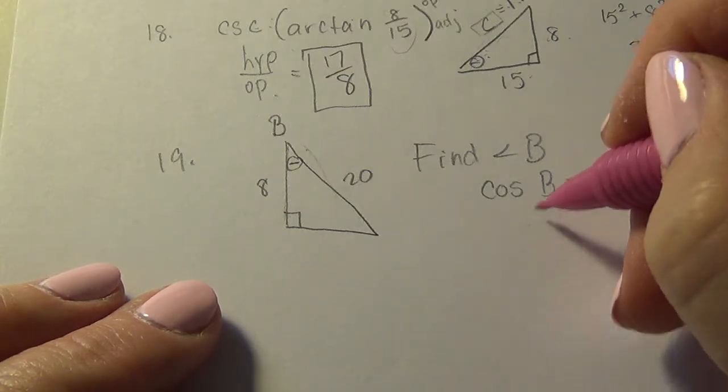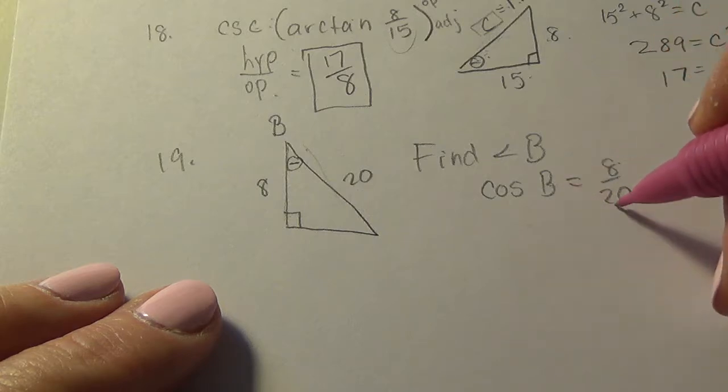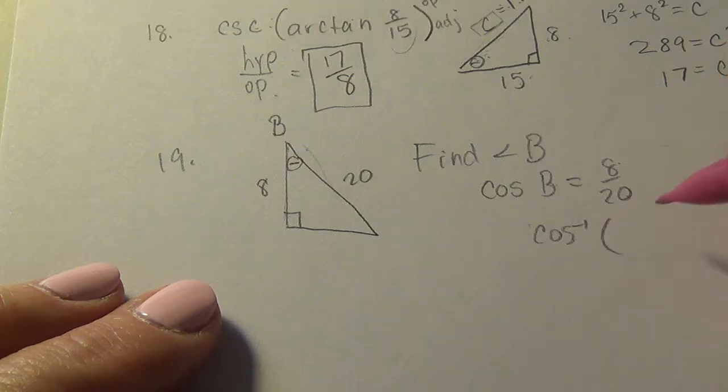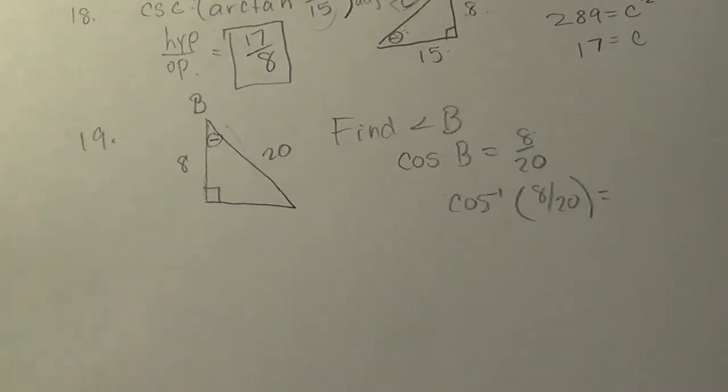Cosine of angle B equals side adjacent over hypotenuse. So to find out what angle has this as its cosine, I go to the cosine inverse key of 8/20. Okay, now I'm going to do that.